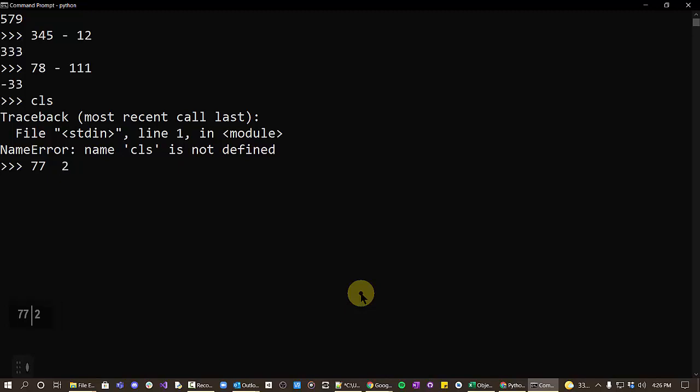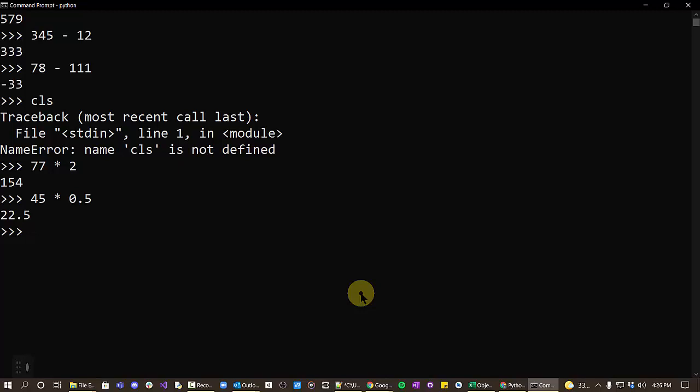So the symbol that's used for multiplication in most programming languages is an asterisk. You can also multiply by a decimal value, and multiplying by 0.5 would basically divide by 2.